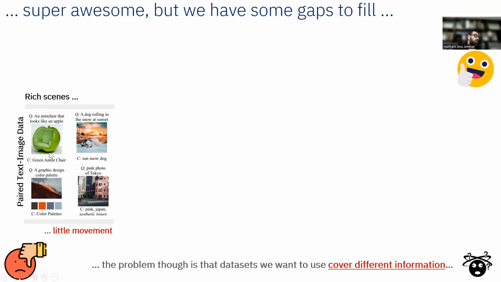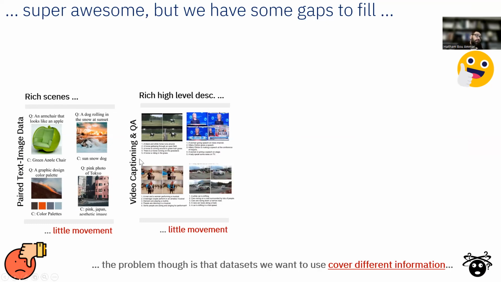For example, you can get a very rich, weird scene, like an armchair that looks like an apple, but it's very hard to see movement in this data. And if we want to build an interactive simulator, we actually need the movement, and we also need the movement to be action conditioned. So, given an action, tell me what would happen. Otherwise, it wouldn't be that interactive.